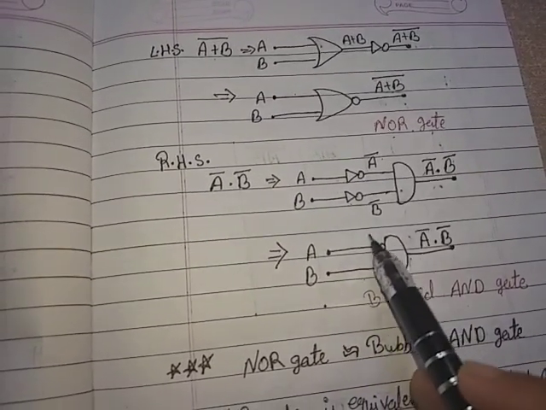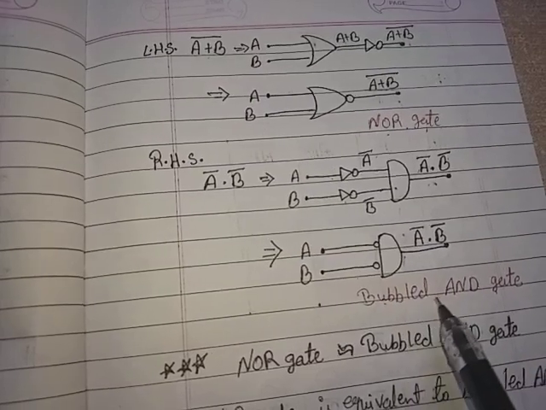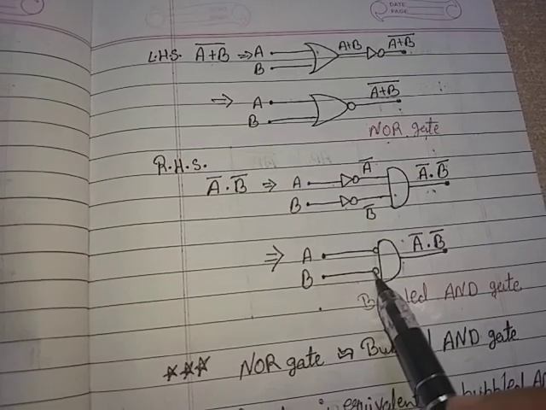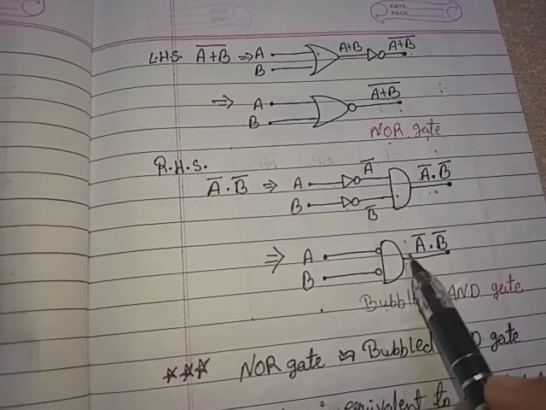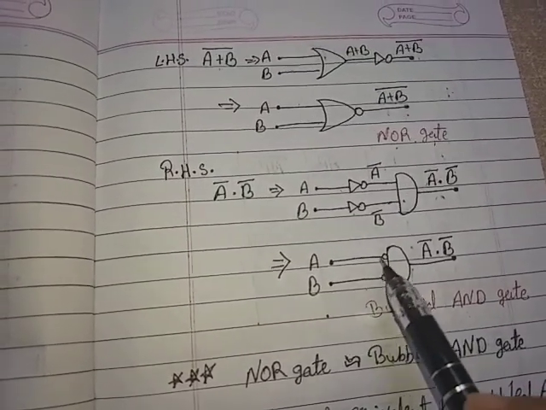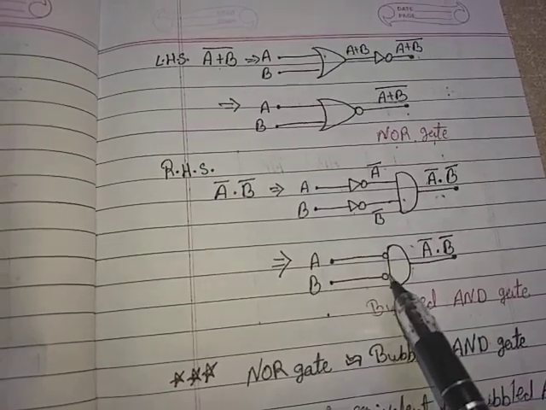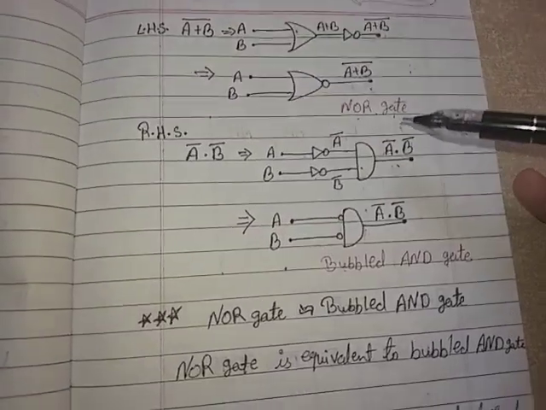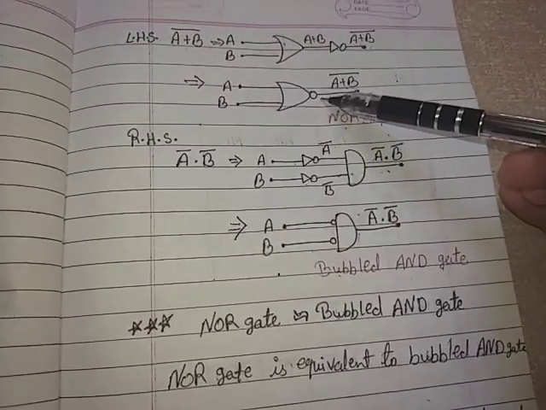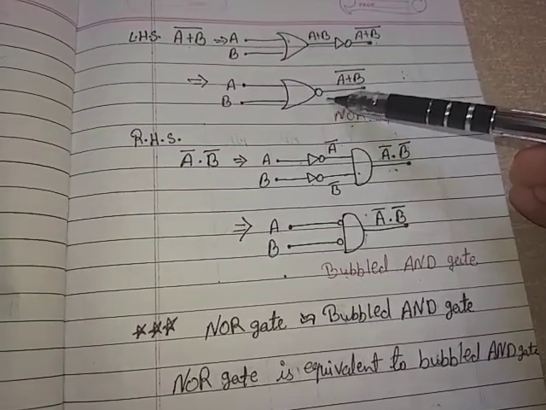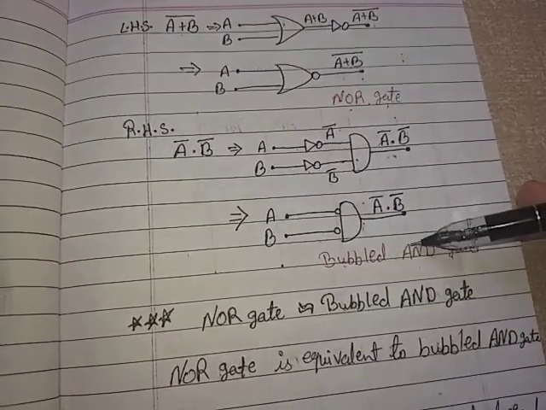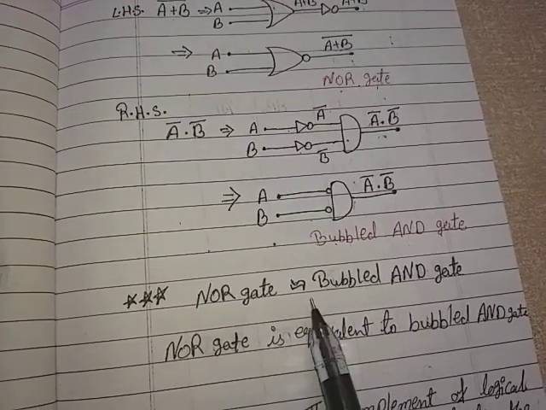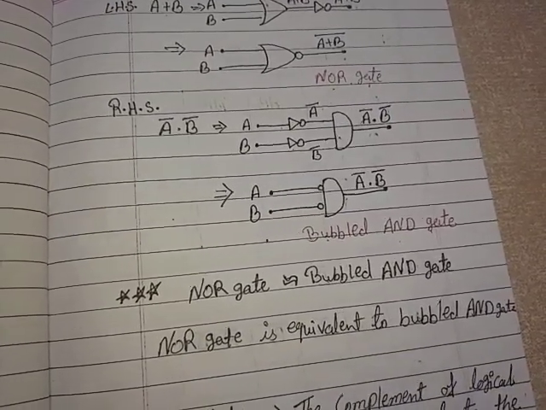So this type of gate is known as bubbled AND gate, where bubbles are at the input side. Clear? If bubble is at the output side, it will become NAND gate, but if they are at the input side, it is known as bubbled AND gate. So what we conclude from here, the NOR gate, which is our LHS, and the bubbled AND gate, which is our RHS, are equivalent. NOR gate is equivalent to bubbled AND gate.